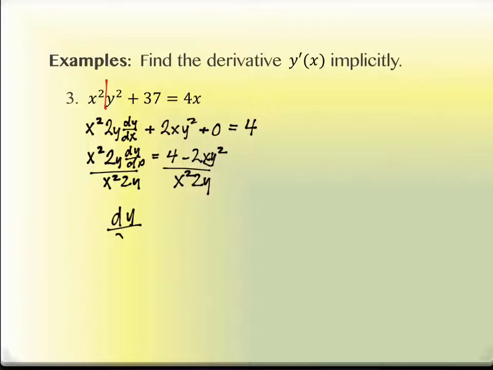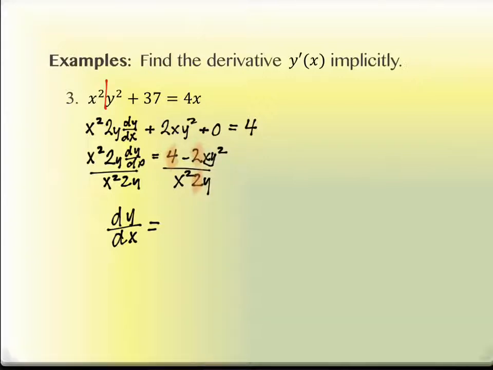There is one thing that can be cleaned up on the right-hand side. Did anybody see it? I can't take out an x and a y because there's 3 terms, because of subtraction, and not all 3 terms have an x or a y in them to eliminate it. There actually is a factor of 2, however, in all of them. So 4 is divisible by 2, the 2 is divisible by 2, and the other 2 is divisible by 2.